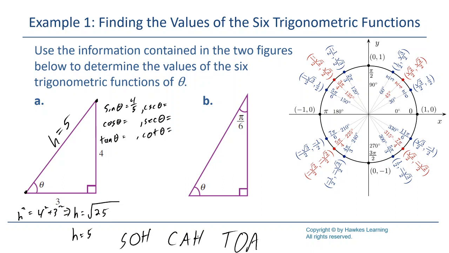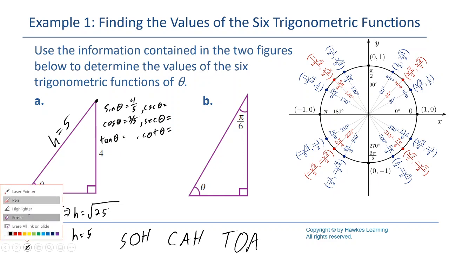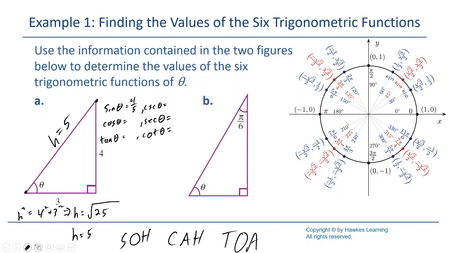Cosine is adjacent over hypotenuse. So the adjacent is 3, and the hypotenuse is still 5. Let me keep them all the same way so it doesn't look weird. And then tangent is going to be the opposite, which is 4, over the adjacent, which is 3.